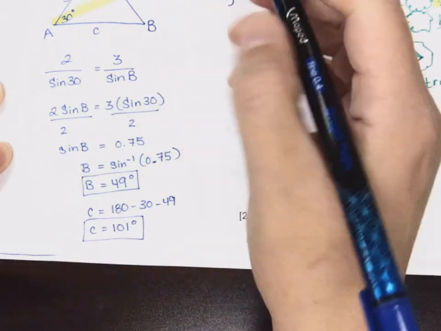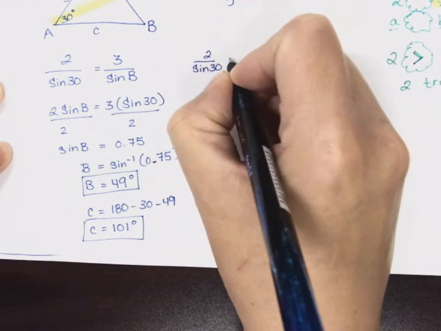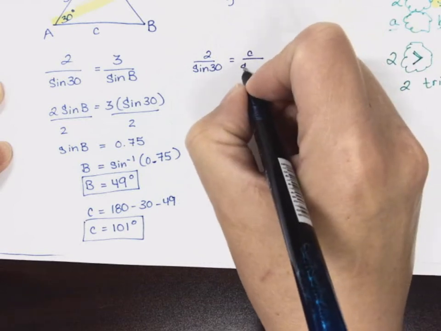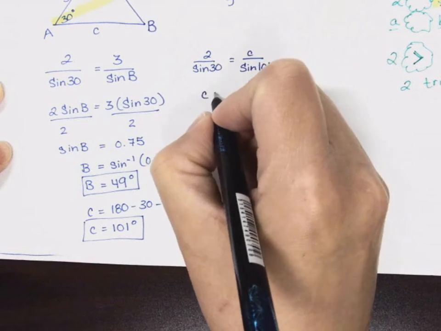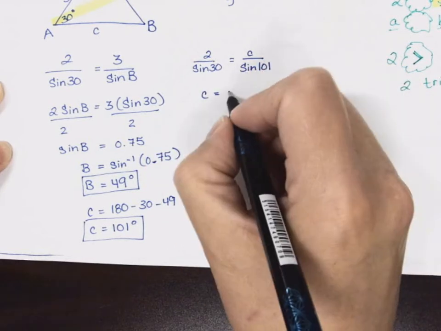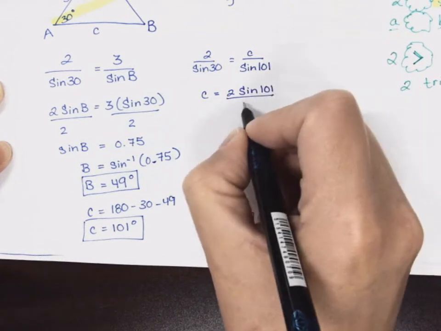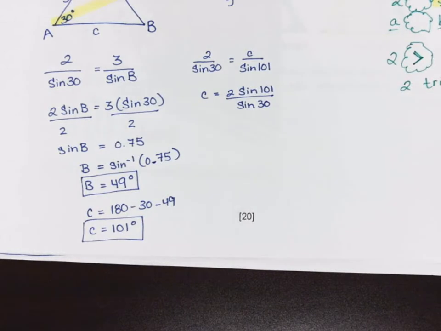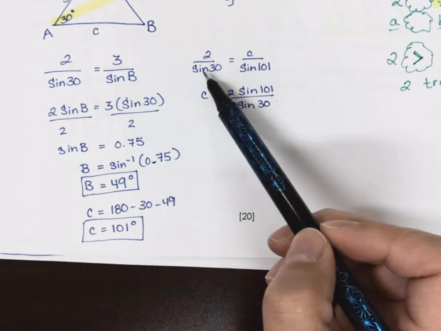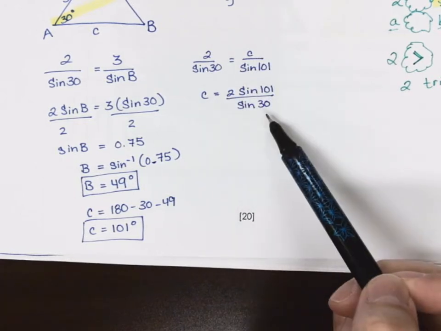Again, I return to my matching set, which is 2 over sine 30. And now I'm finding side C, sine 101. I'm going to do something, and you guys can yell at me about it after. How do you feel about that? I skipped a step. I cross multiplied that in my head. So I want c by itself, so I got to divide by sine 30.